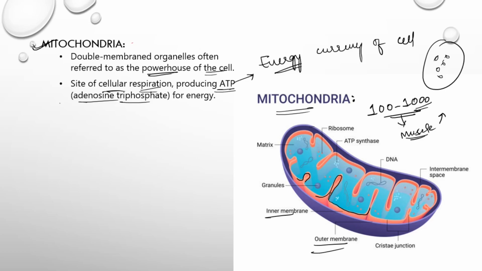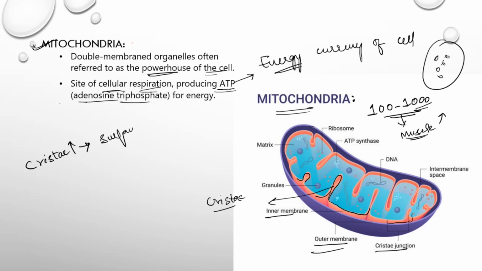These foldings are called cristae. Here it is given as cristae junction, but each individual folding in the mitochondrial inner membrane is called a crista. So the more the number of cristae, the more the surface area increases.